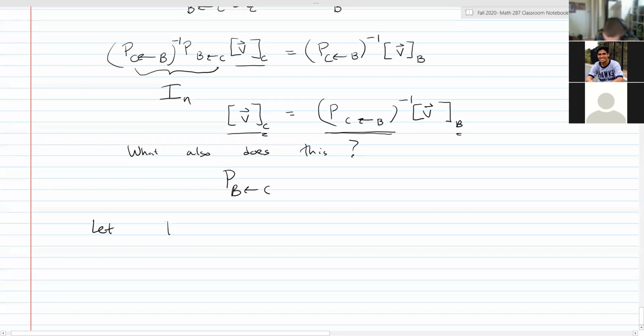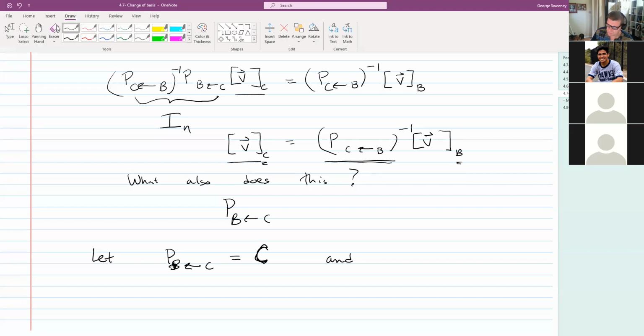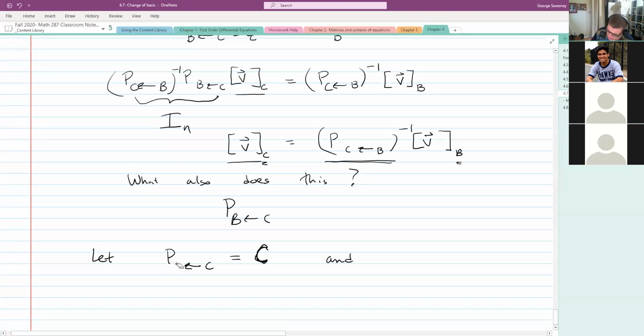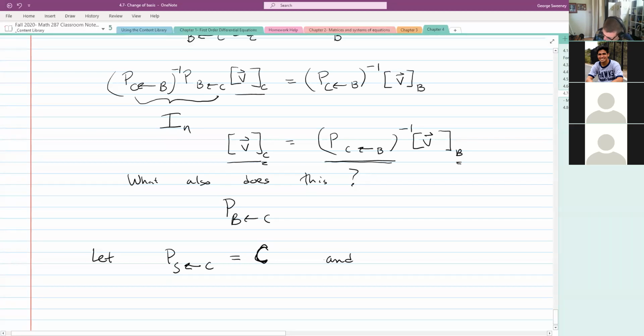Let's take P, C into B. We're going to call P, C into B, C. Remember, that takes vectors in C into vectors in B. And I want to actually do the one for S, P, B into S. That's my standard basis.